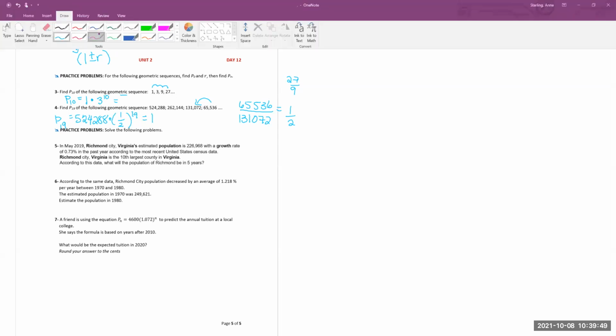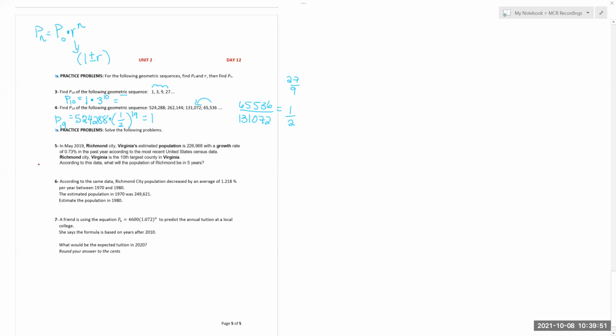Okay, and then to grab a few on here, now we have the growth rate. So now our formula is going to read Pn equals P0 times (1 plus R) to the n, because it's now a percentage. And just to make sure we're careful, we need to take that 0.73 and divide it by 100 to get the correct decimal.